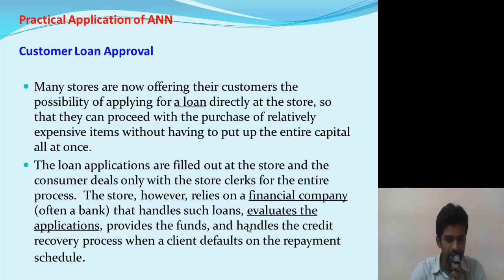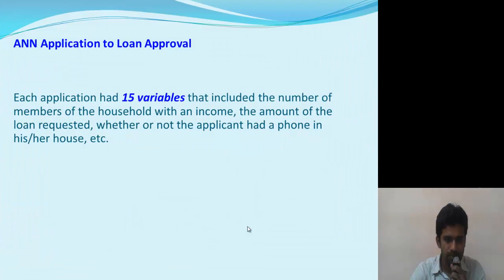The loan applications are filled out at the store and the customer deals only with the store clerks for the entire process. The store, however, relies on a financial company, often a bank, that handles such loans, evaluates the applications, provides the funds, and handles the credit recovery process when a client defaults on the repayment schedule.